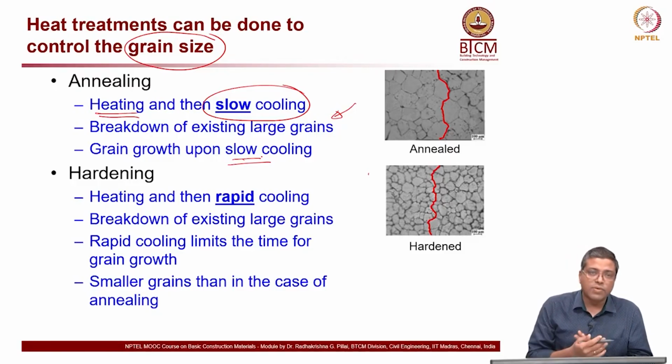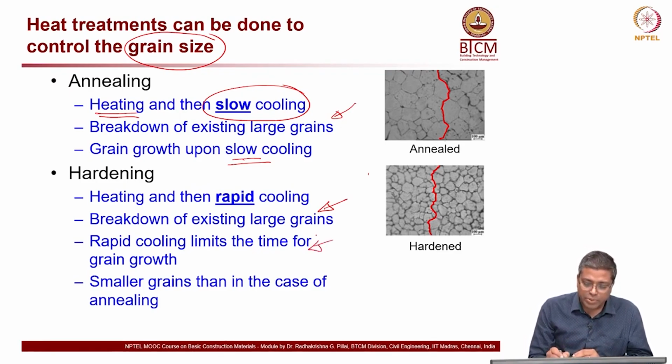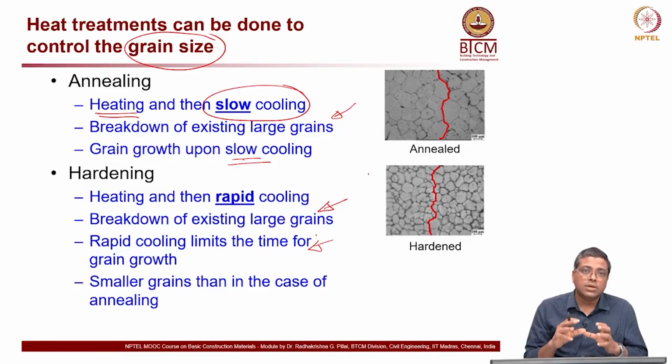Now, in the case of hardening, it is heating and then rapid cooling. This also breaks down the existing large grains in the heating process, and then because of rapid cooling, the final grain size is going to be relatively smaller as compared to the annealing case.